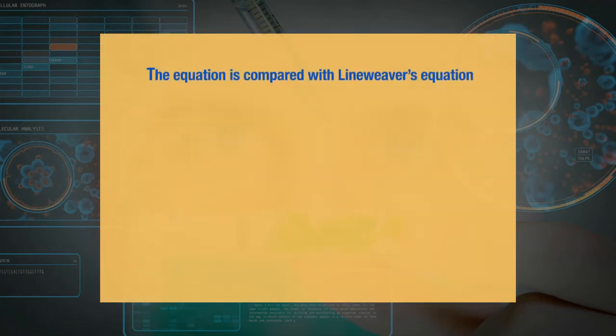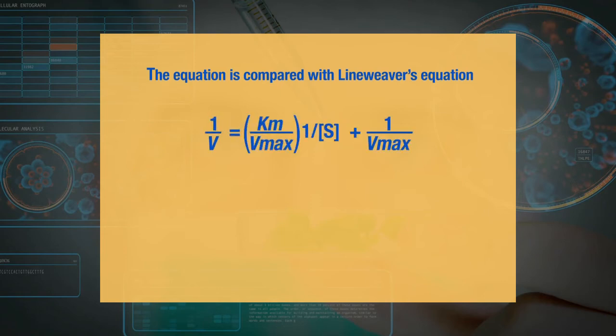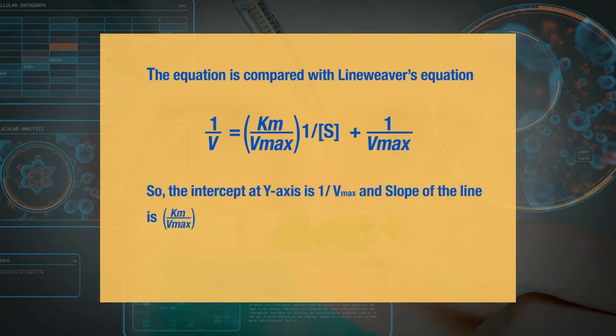The equation is compared with Lineweaver's equation, which is 1 by V is equal to Km by Vmax multiplied by 1 divided by concentration of the substrate plus 1 by Vmax. So, the intercept at the y-axis is 1 by Vmax and the slope of the line is Km divided by Vmax.